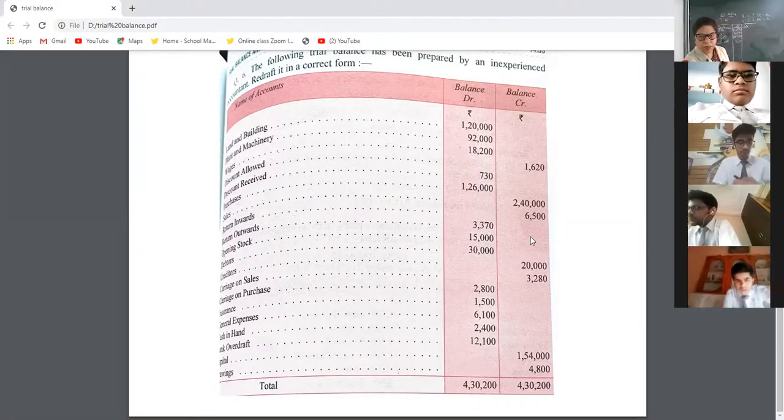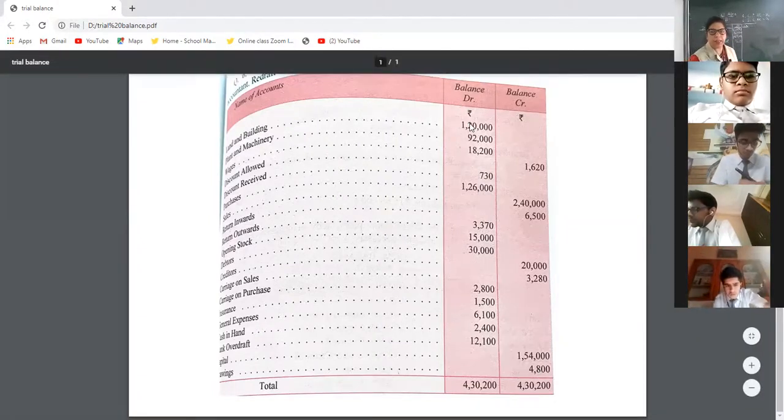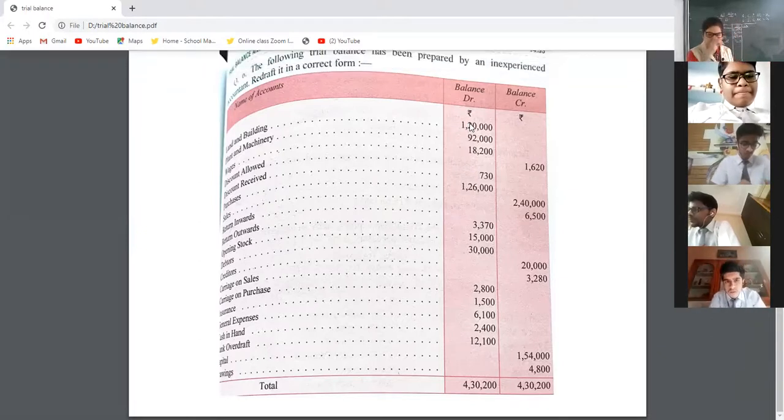See, once again I am telling you, we have only two lines to learn. All assets, expenses, purchase and sales return must be in debit. Then reverse it. All liabilities, all income and gain, all sales and purchase return must be credited.